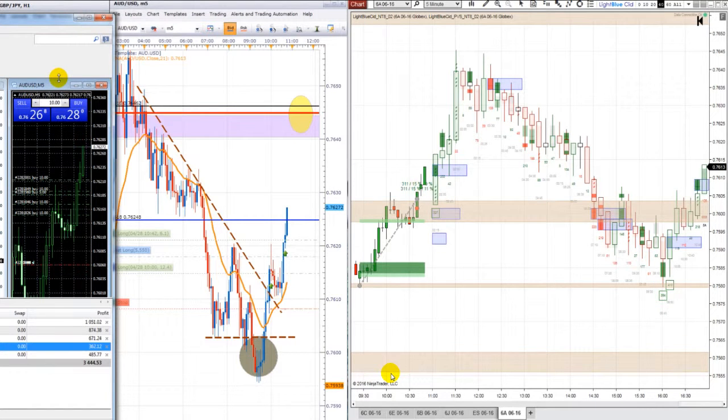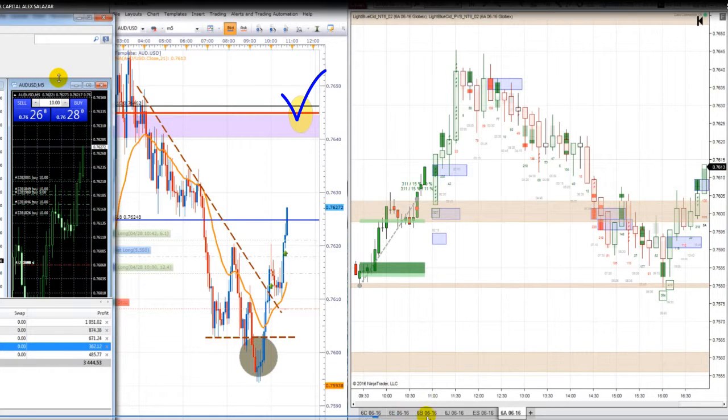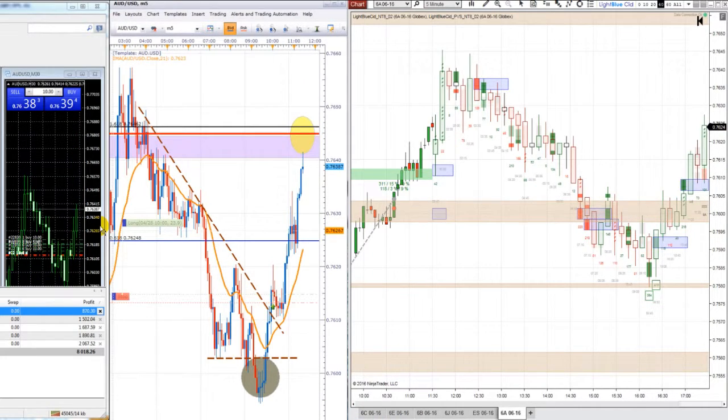Having all the process in place helps us to stay in the trade as far as the strategy says. Our target at the end is this yellow circle. As we see, we reached our target. The statistical level that we received from FGC the night before is now coming to the level.